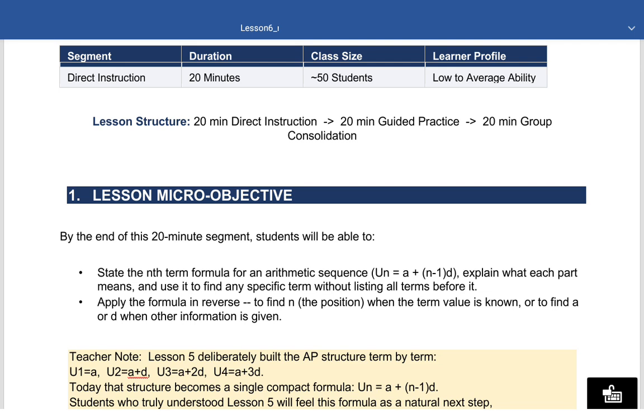If an AP has first term 3 and common difference 7, we want to find the 10th position, or the height of the 10th term.